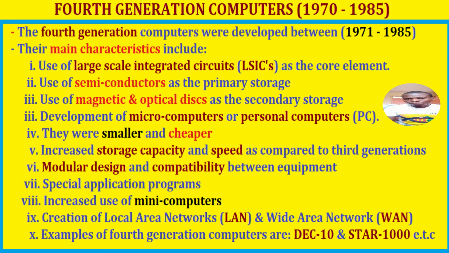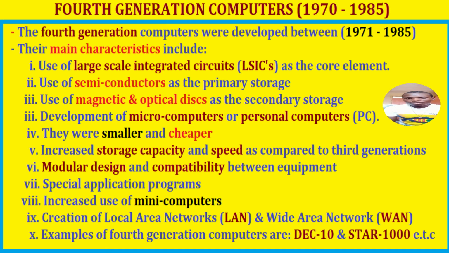Fourth generation computers. It's very important to note that fourth generation computers were made between the year 1970 and the year 1985, and they had the following main characteristics: use of large-scale integrated circuits as the core element, use of semiconductors as the primary storage medium, use of magnetic disk and optical disk as the secondary storage medium.